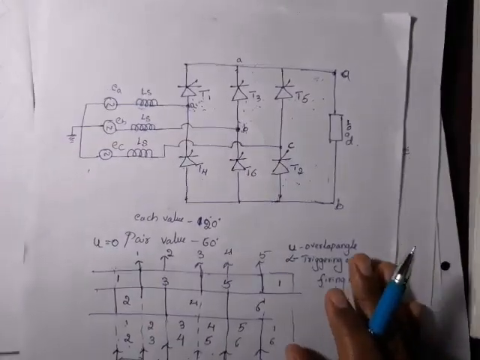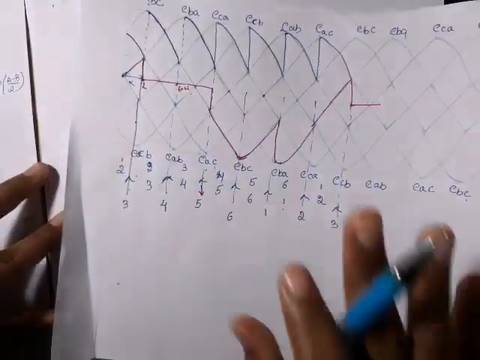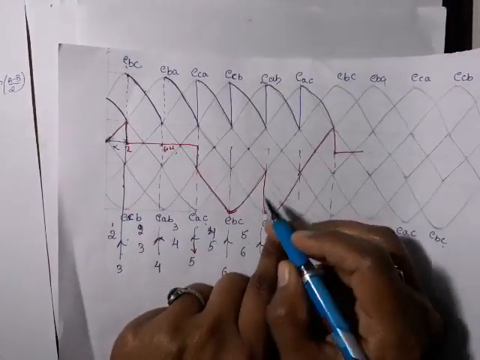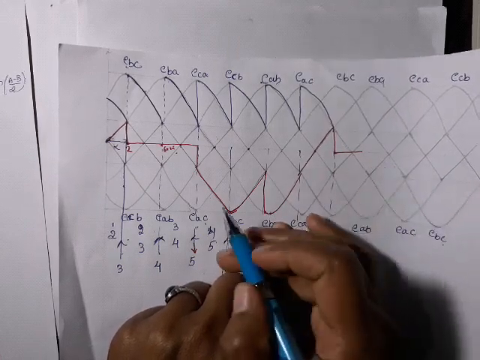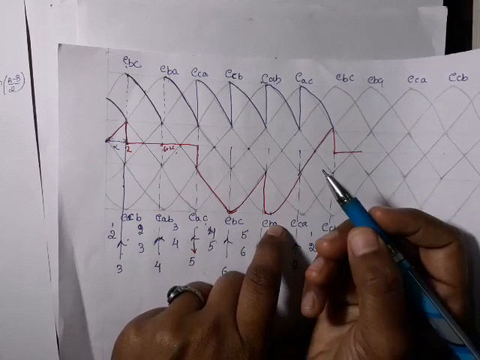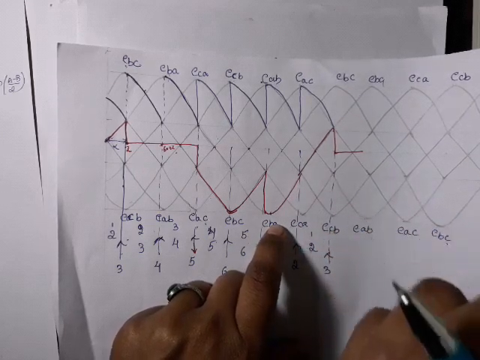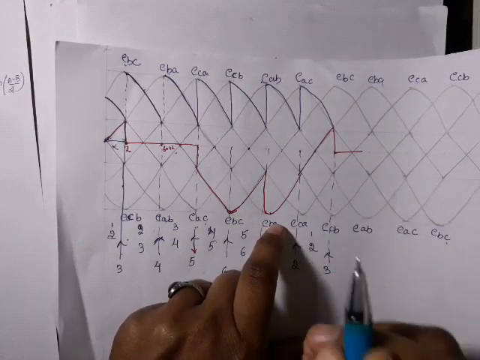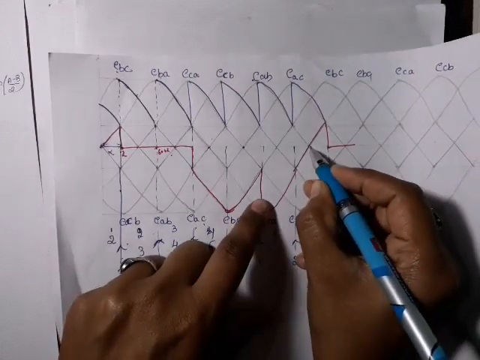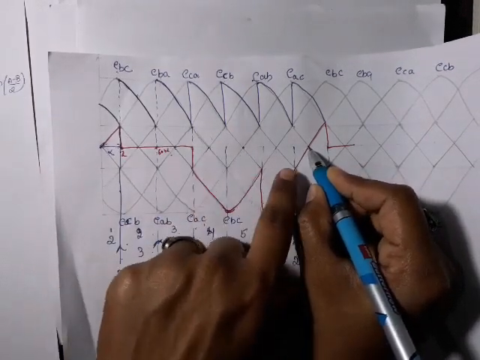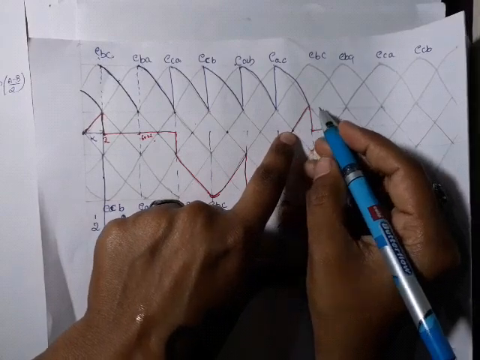You can see in the waveform. So this is the valve 3 voltage, right? The red color what I have written is the valve 3 voltage. For valve 3 to get triggered, the voltage across valve 3 should be positive. So up to this point, the voltage across valve 3 is negative. So here at this point, it will go to positive.